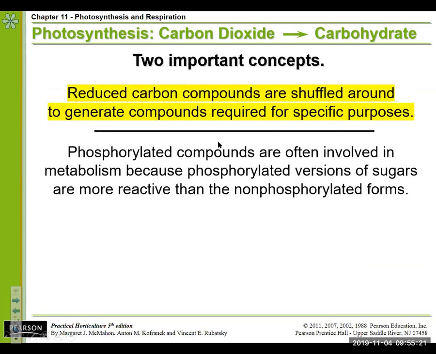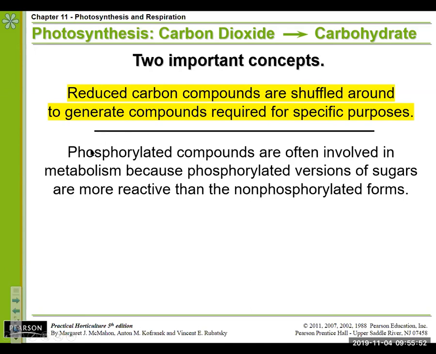The two most important concepts here is that, one, we've got reduced carbon compounds being shuffled around to generate those compounds that are required for specific purposes. And in the plant, that's saying, whether it's making root tissues or shoot tissues, flowers, seeds, it's the different molecules, the different metabolites being shuffled around there from the reduced carbon compounds.